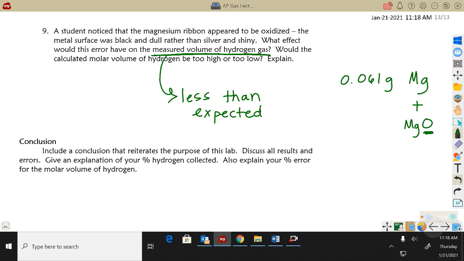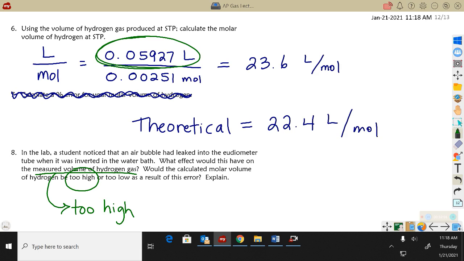Well, you could think of it one of two ways. Now my volume of hydrogen is going to be less. And so if the volume in the numerator is smaller, then that would make my molar volume smaller. Or that mole number is going to be off too, right?